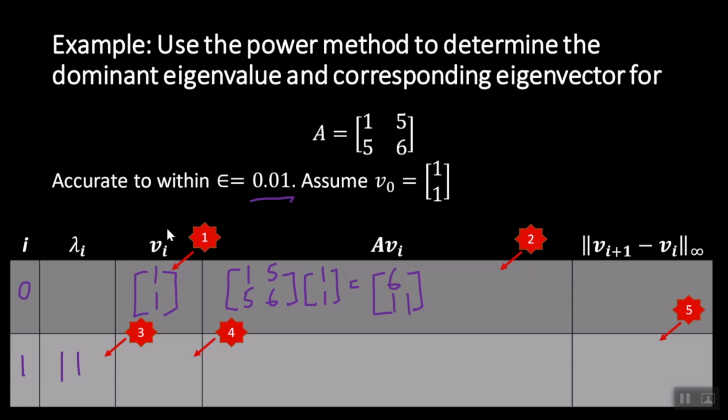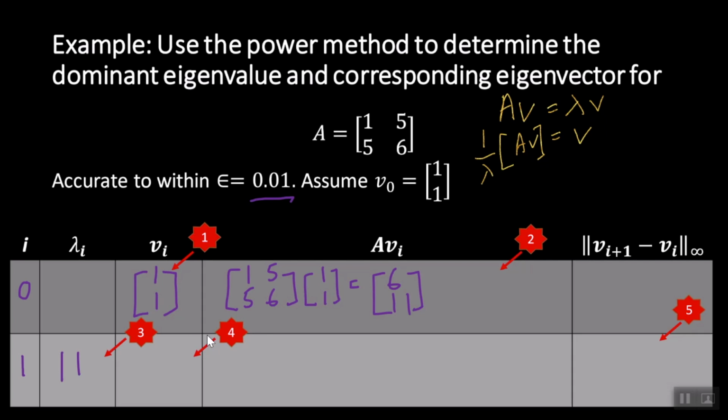And next, we need to find the value of V. In the previous video, we had AV equals lambda V. So in order to find my new vector V, I take 1 over lambda multiplied by AV, because I have the value of AV.